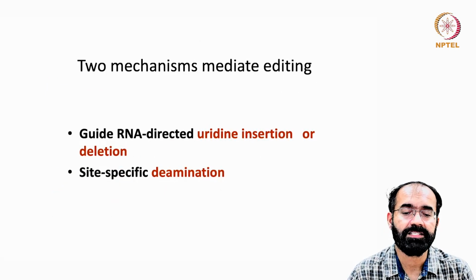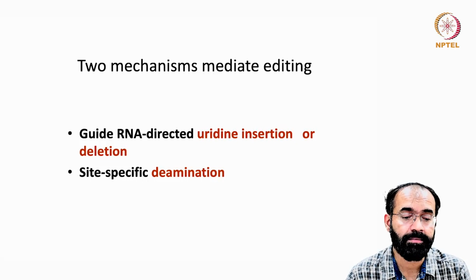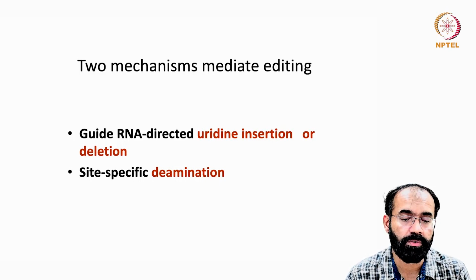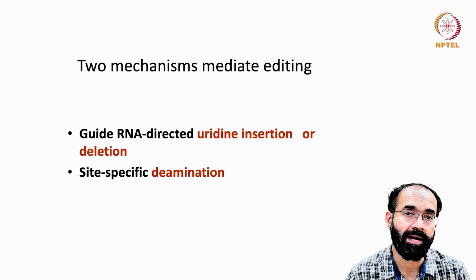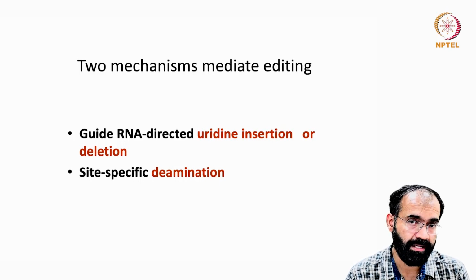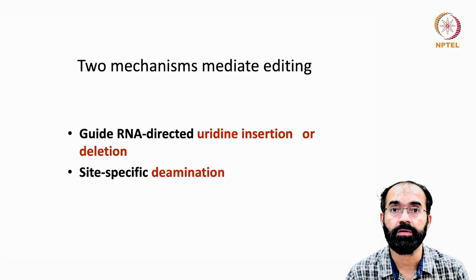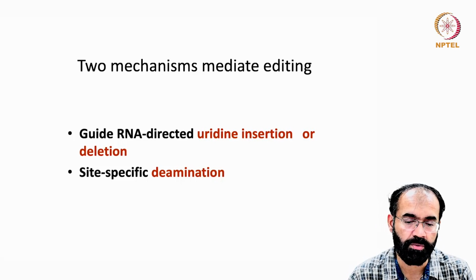So two mechanisms mediate the editing. One is guide RNA directed uridine insertion or deletion. Here, the existing number of bases is unaffected in the other case, but now we are talking about the number of bases in an RNA being affected. Guide RNAs are a group of RNAs that direct certain proteins or enzymes to specific loci, either in the genome or in another RNA molecule.